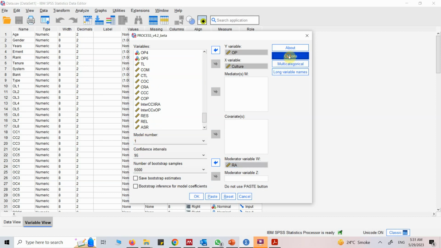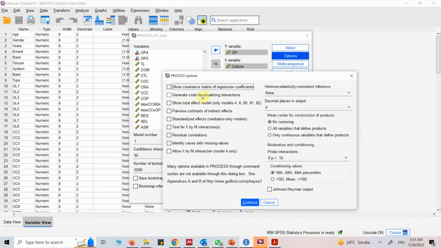Now go to options, and we need to generate code for visualizing interactions. This is to visualize the interaction, that is slope analysis. You can have all variables that define products. Let's see, we do need mean centering. In this case, since all are continuous, it's better to mean center.